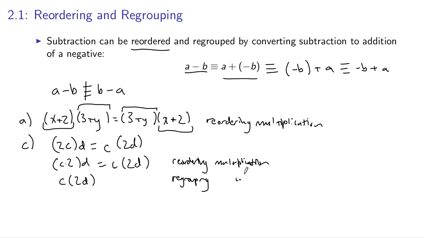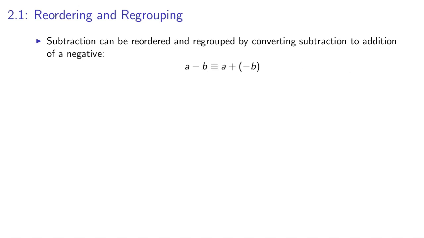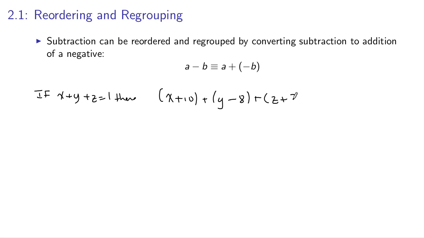And now looking at example 4, we'll have a more challenging problem. Let's clear the page off here. Example 4 says, if x plus y plus z is equal to 1, then find the value of this expression, x plus 10 plus y minus 8 plus z plus 3.